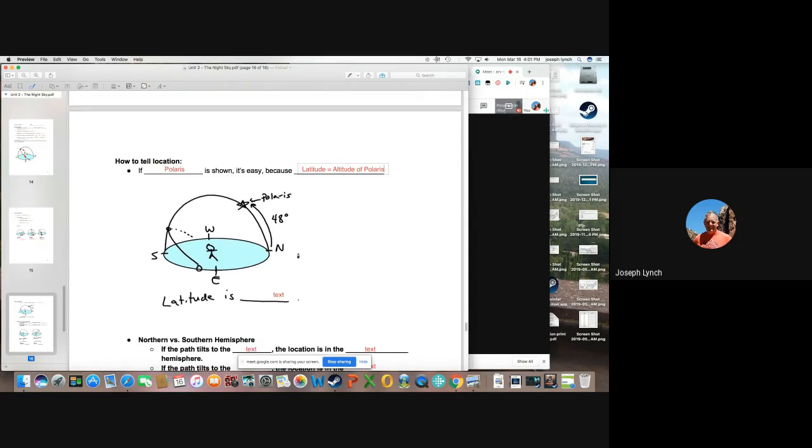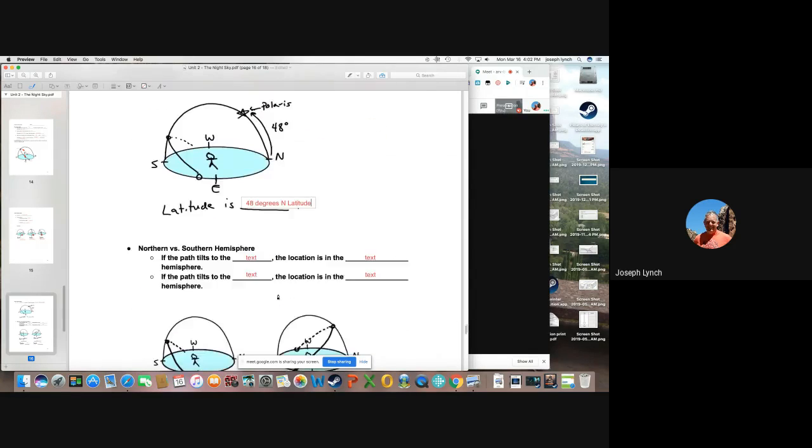So this example is really easy. All right. Here's Polaris 48 degrees up in the sky. So your latitude is equal to 48 degrees north latitude.